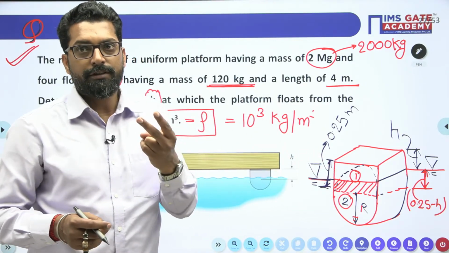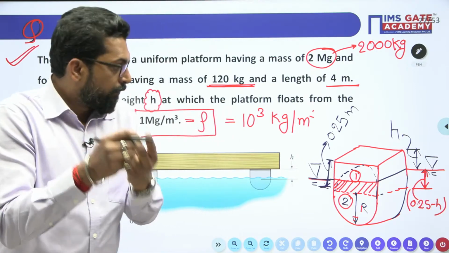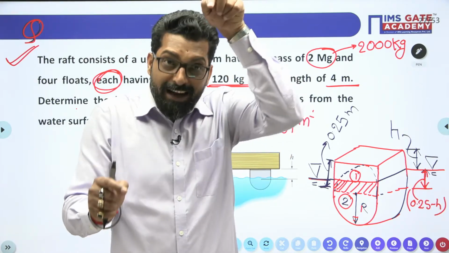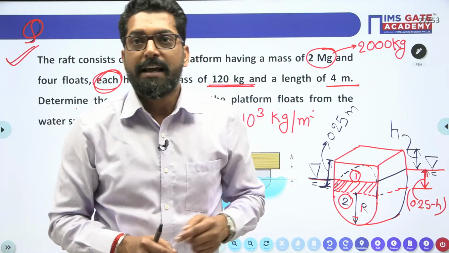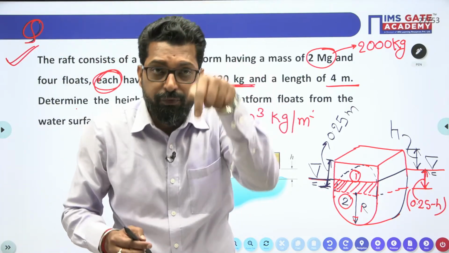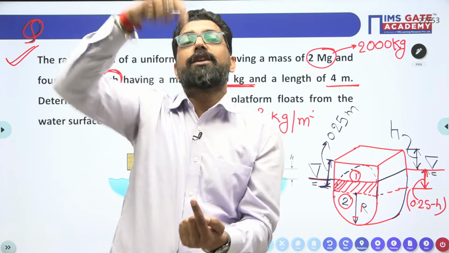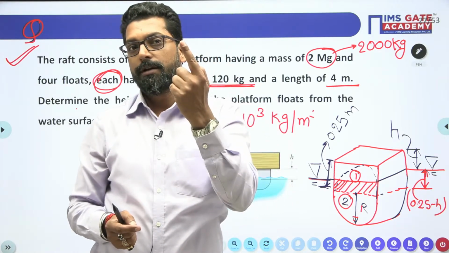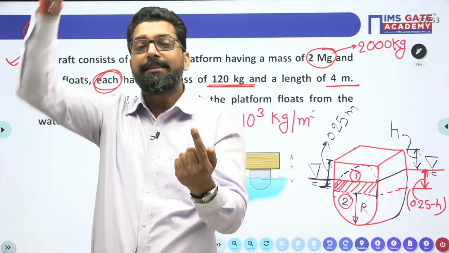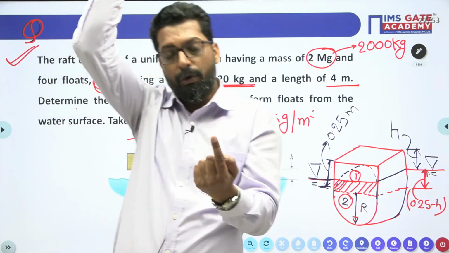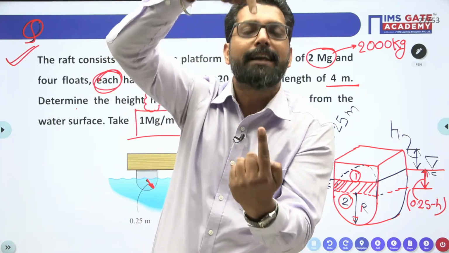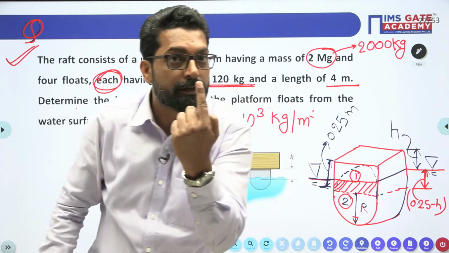First is the buoyant force is always in equilibrium with the weight of the body. This is the first equilibrium condition. And the second equilibrium condition is that the buoyant force and the weight of the body are collinear, in the same line.